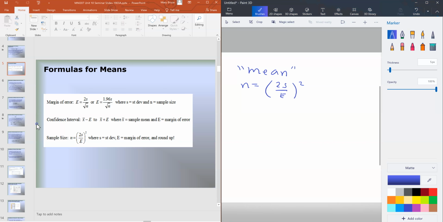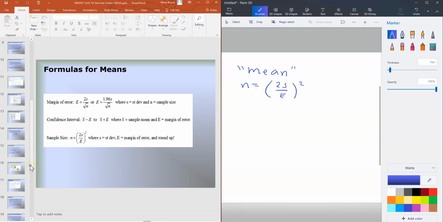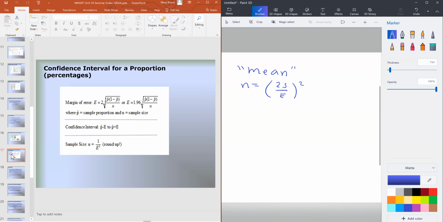And when you get to that one, let me scroll down here, you are going to want to use this sample size formula. So if it doesn't say the word mean or proportion, but it starts out by saying estimate the minimum sample size, and all it will give you is the E, then you would want to use this other formula right here, n equals 1 over e squared.